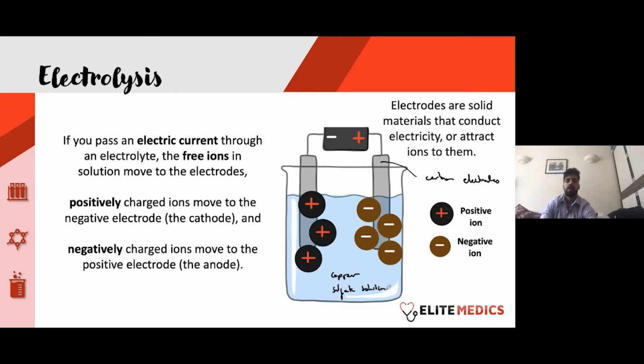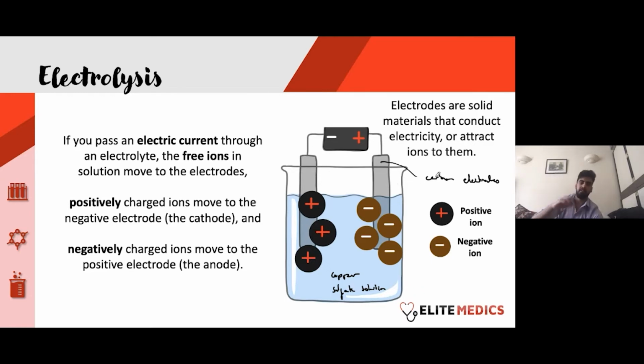Now, these carbon graphite electrodes are unreactive, because that's just how they are. They're unreactive and they're able to conduct electricity. And now we know why graphite is able to conduct electricity.